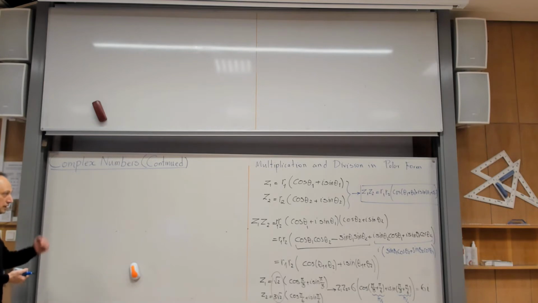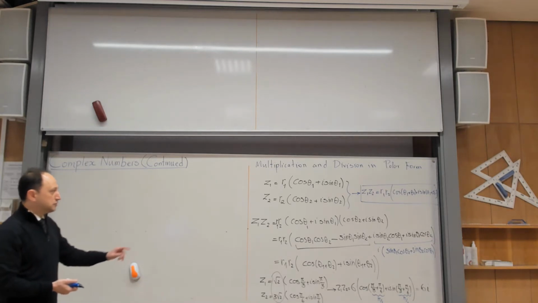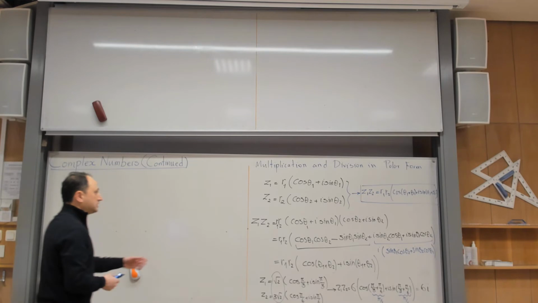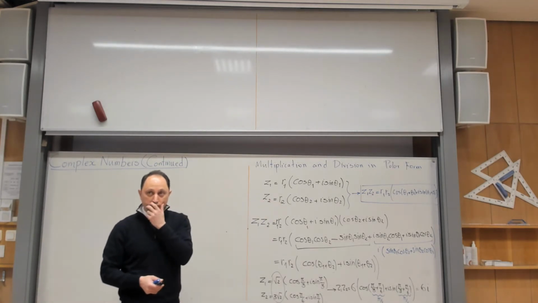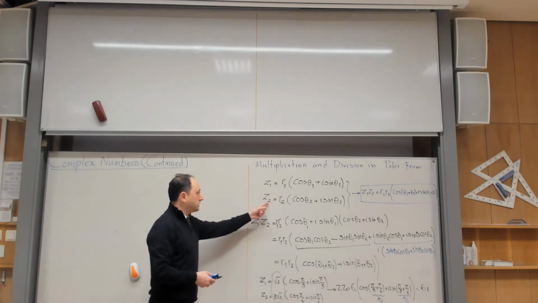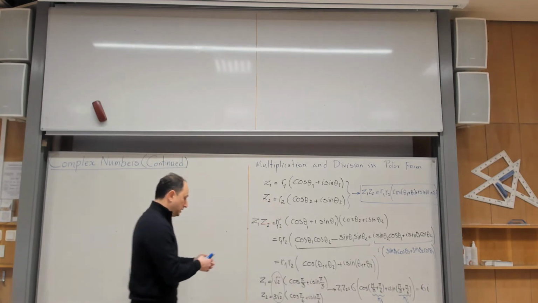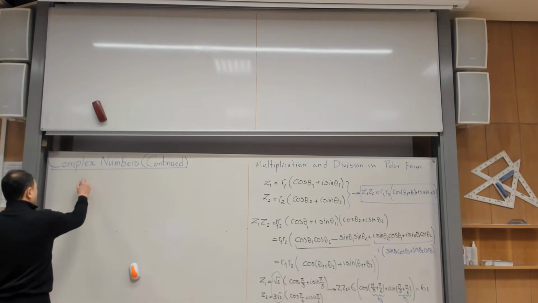Okay, instead of dividing them, I can divide them, of course, but I think it would be good if we see what is the reciprocal of a complex number in its polar form. So, for example, if I give you z2 to be this number, what can you write about 1 over z2?